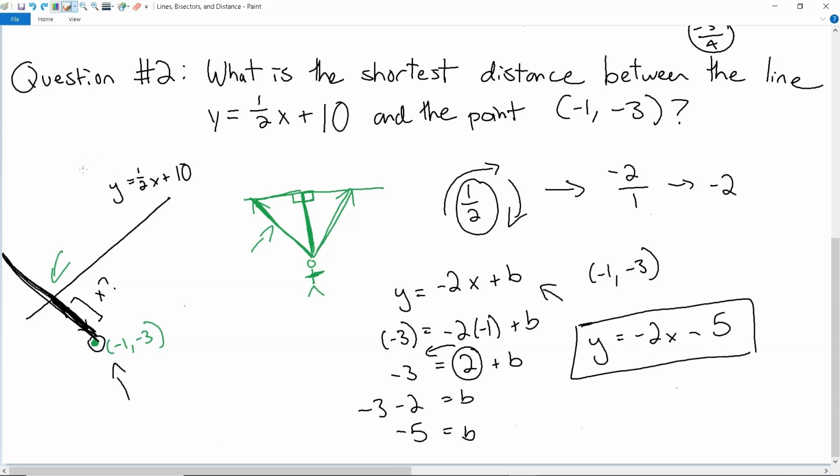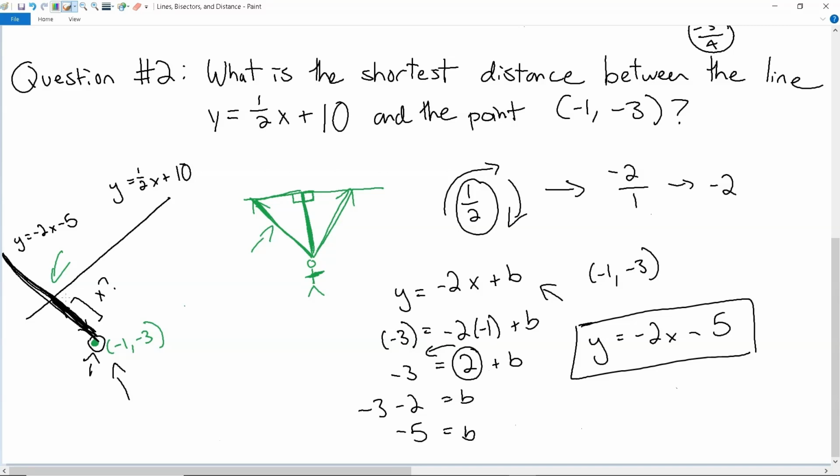But we haven't solved the question yet. All we've done is solve for the equation of a line that passes through this point and also could be used to represent the shortest distance between that point and our original line.